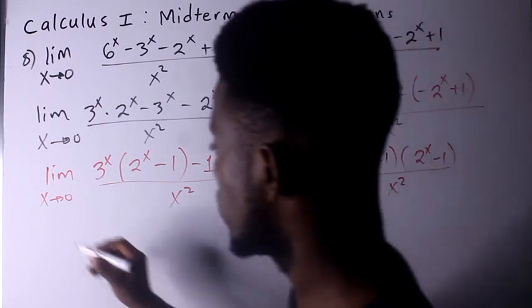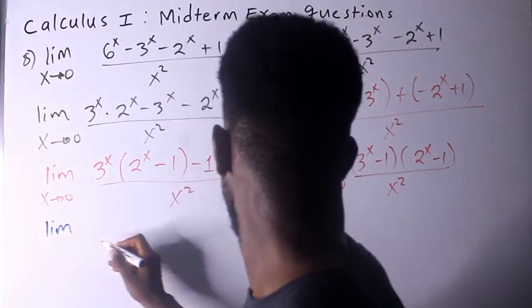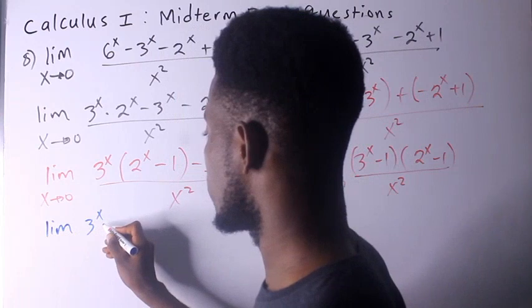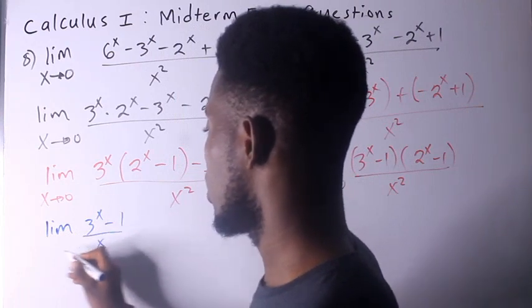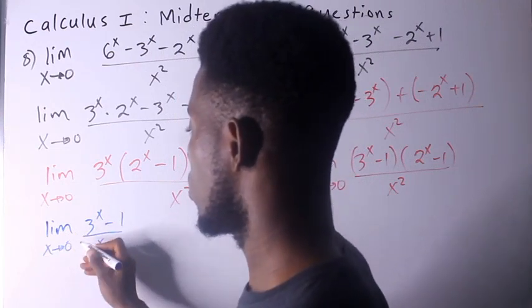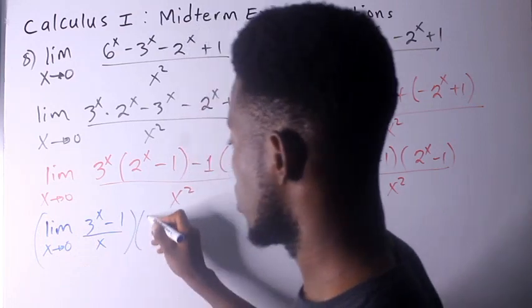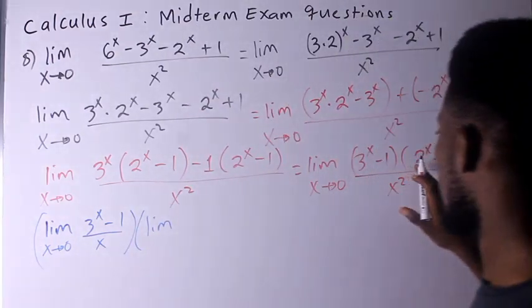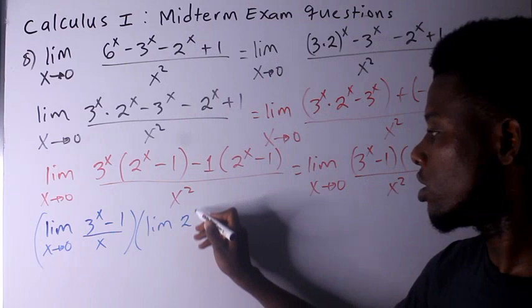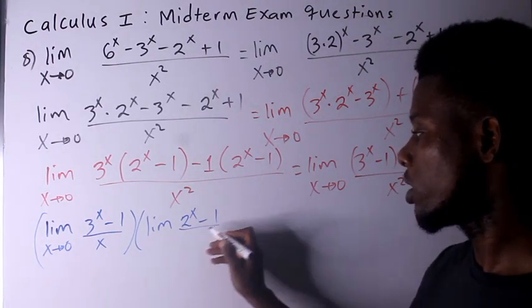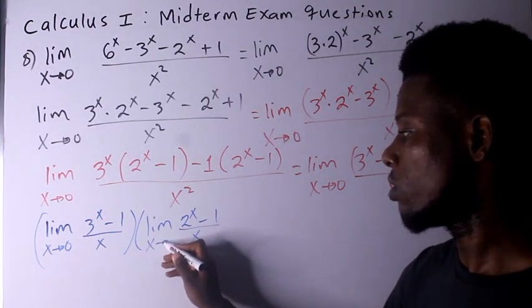So I'll have the limit of 3 raised to the power of x minus 1 all over x as x approaches 0, multiplied by the limit of 2 raised to the power of x minus 1 all over x as x approaches 0.